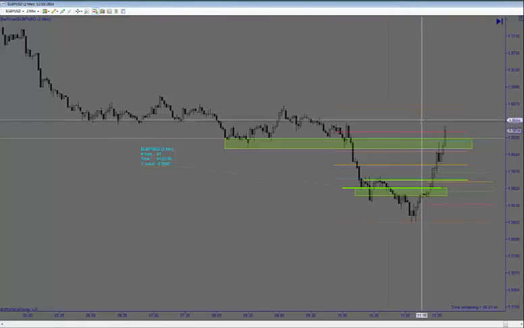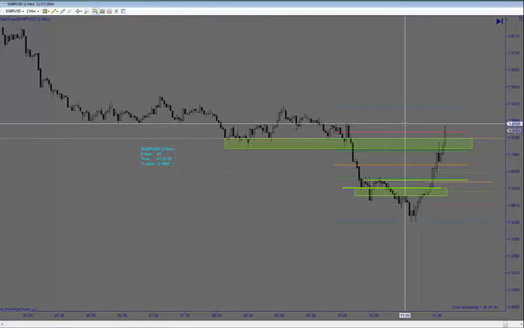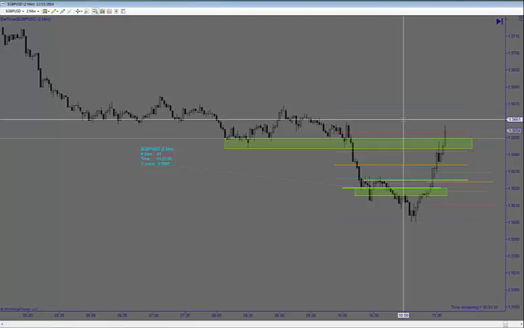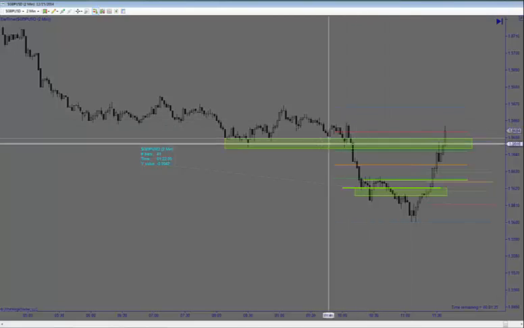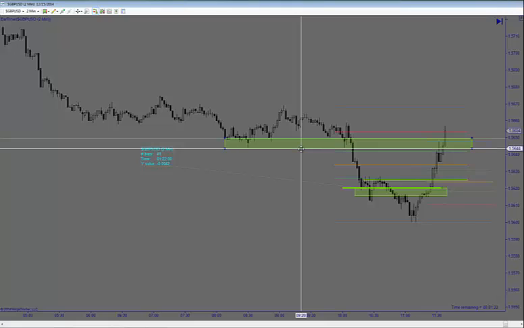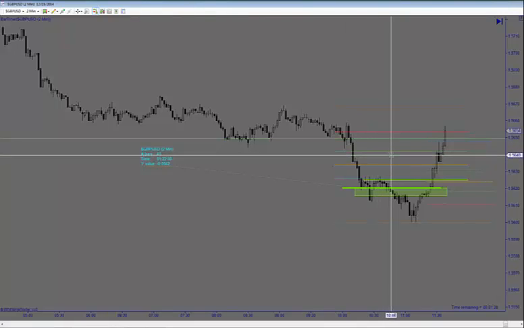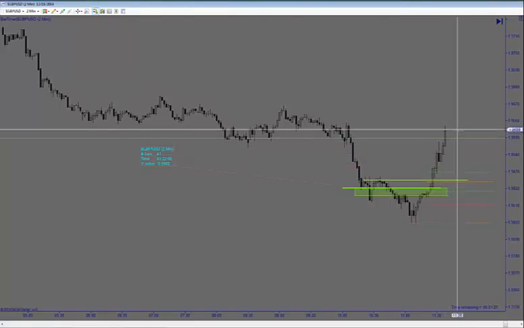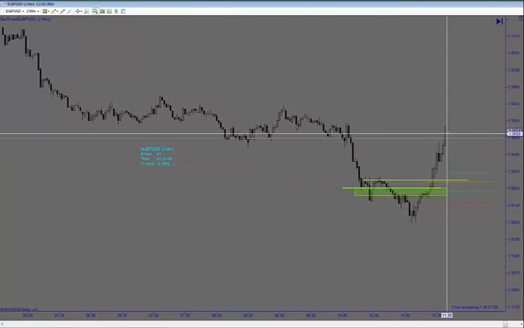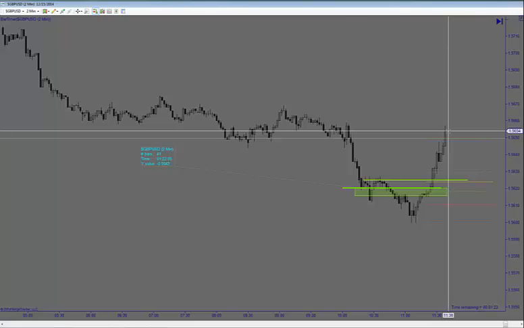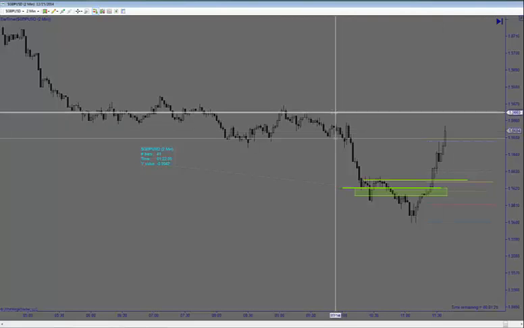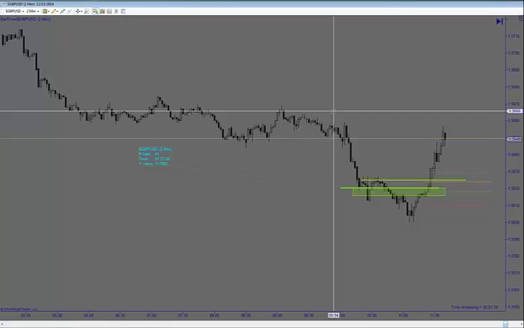I will look to see how price handles this area up here. There is no trading opportunity at all from my perspective anywhere in here right now, and it's just a waiting game to see. Right now the market's overwhelmingly telling us its intent to go higher, to correct higher, and try to test these highs.